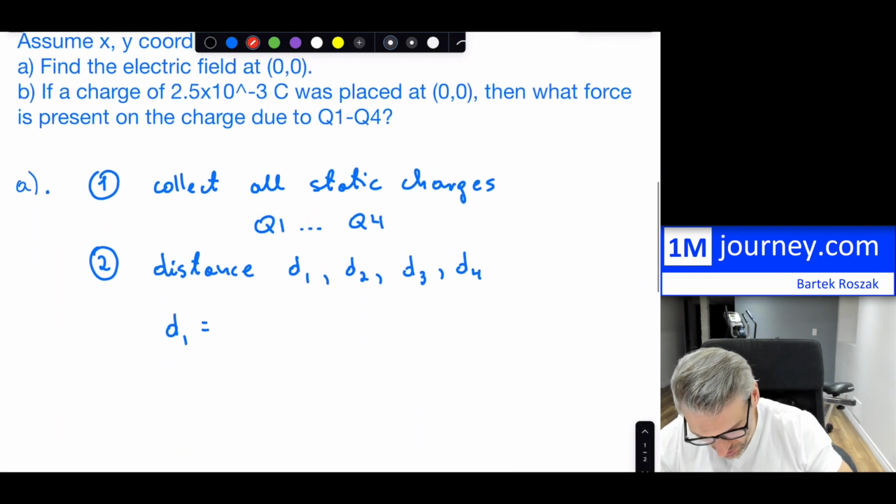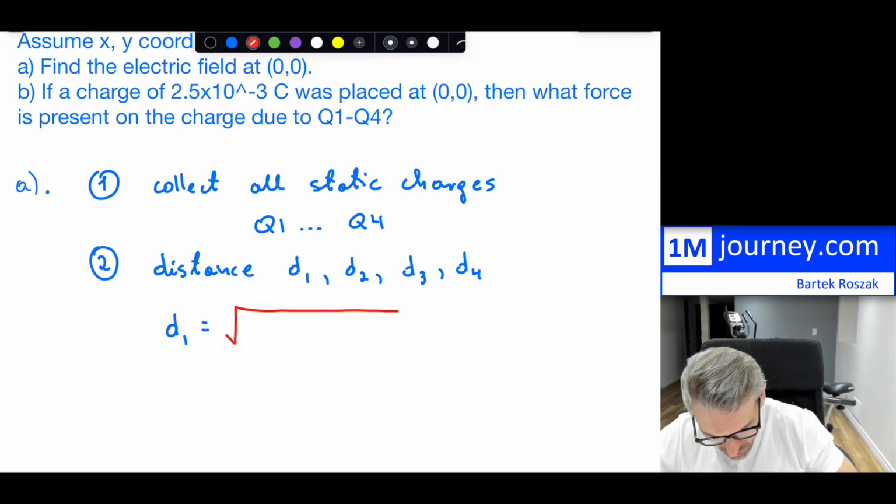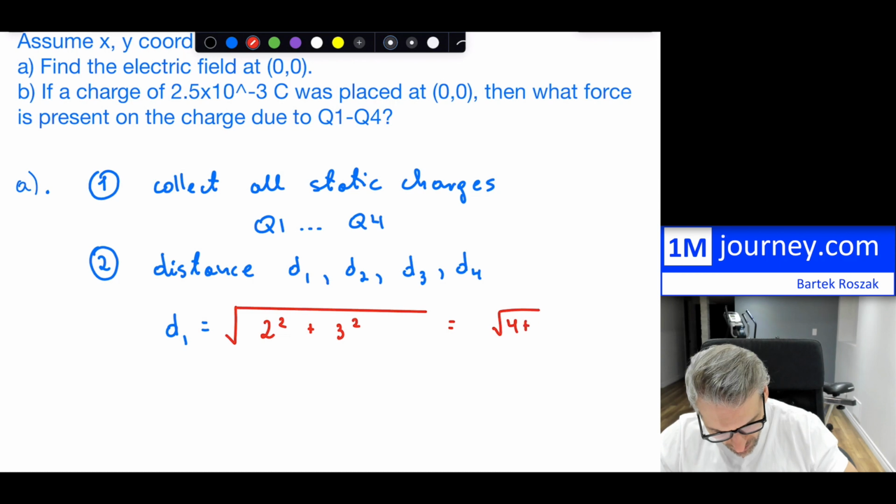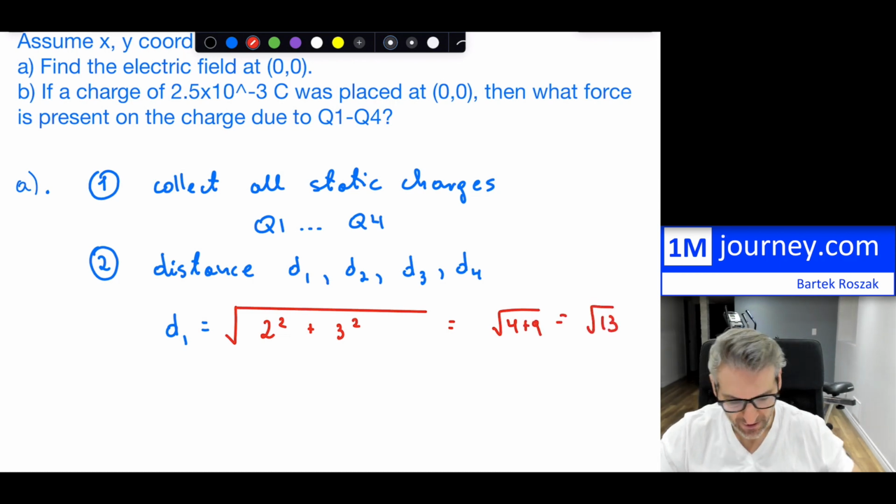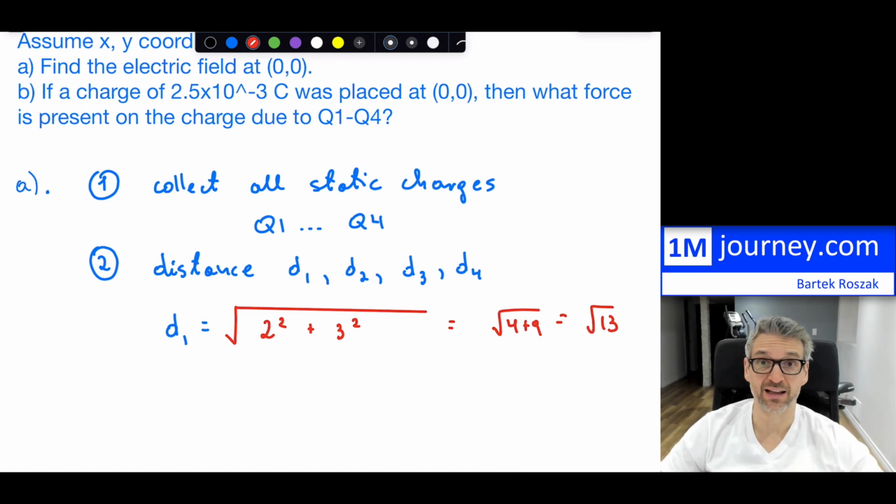It's going to be the square root of 2 squared plus 3 squared, and I have my actual distance. It's the square root of 4 plus 9, or simply the square root of 13. I'm going to just leave it like that. You can certainly change it to a decimal if you want, but there's no need. This is actually an irrational number.